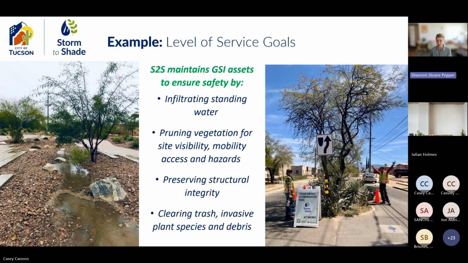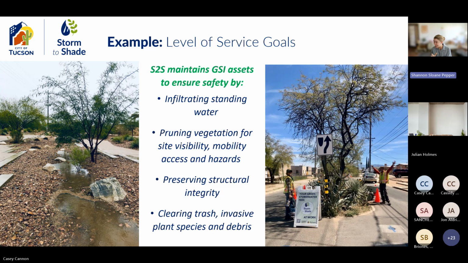Their focus is on maintenance. Their goals look like infiltrating standing water, pruning vegetation for site visibility, mobility, access, and hazards, preserving the structural integrity of their GSI installations, and then clearing trash, invasive species, and debris.